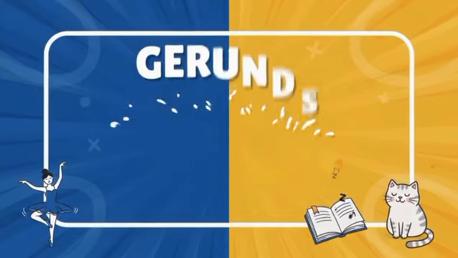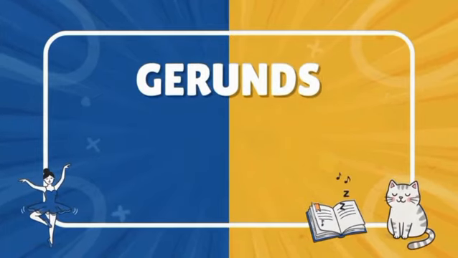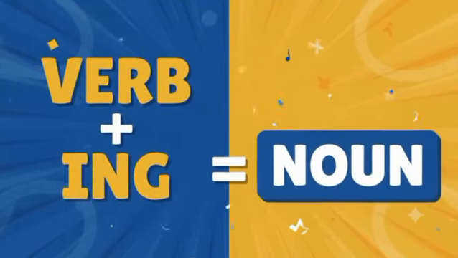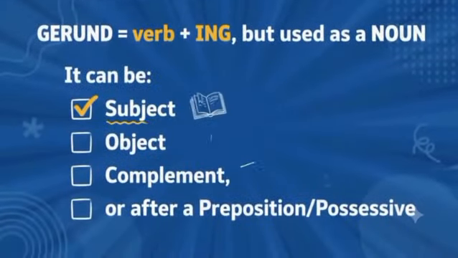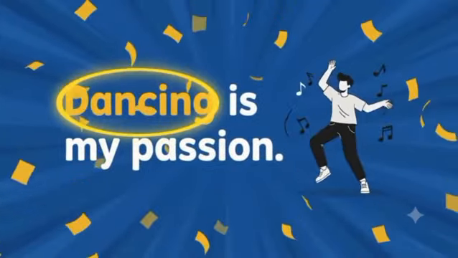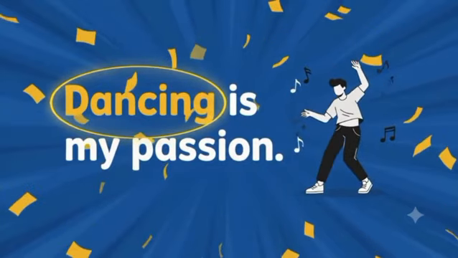Next, what is a gerund? Now let's talk gerunds. A gerund also ends in ing, but here is a key difference. It acts like a noun, not a verb. It can be the subject of a sentence. For example, dancing is my passion.